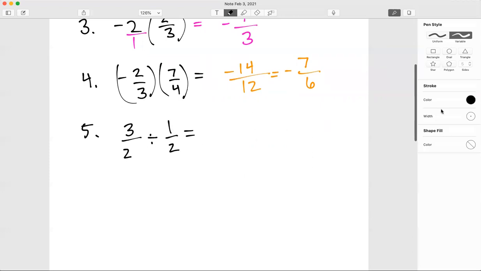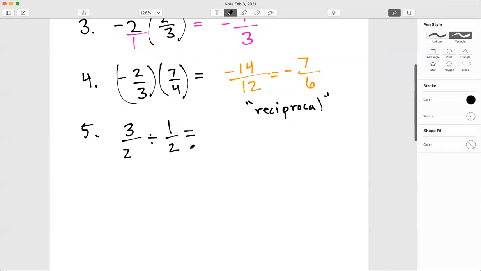What is a reciprocal? A reciprocal is when you take a fraction like 1/2 and then you flip it, the numerator and denominator. So the number on bottom goes on top, the number on top goes on bottom. You flip it. That's the reciprocal. This is how you spell it. And we multiply by the reciprocal.